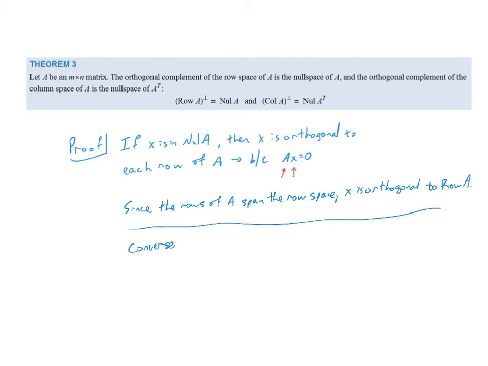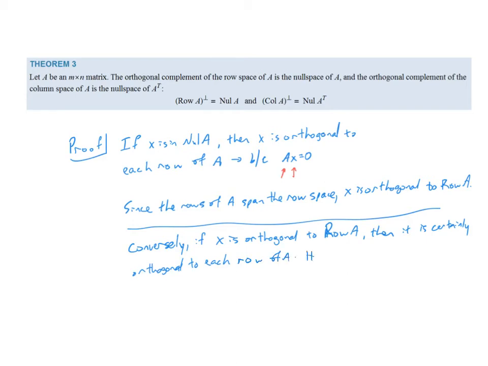Conversely, if x is orthogonal to the row space, if x is orthogonal to Row A, then it is certainly orthogonal to each row of A. Hence, we have our conclusion.